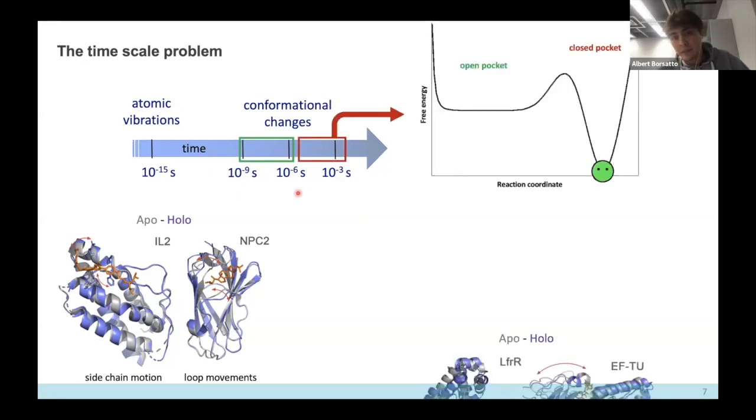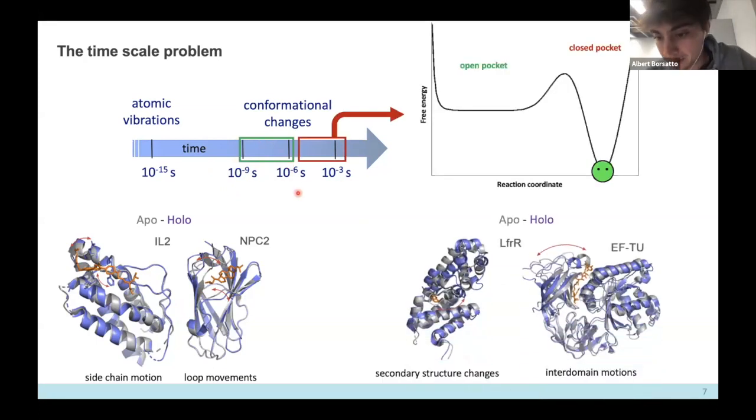When it comes to more complex conformational rearrangements associated with cryptic pocket opening, then we have a problem, because these rearrangements come with a higher free energy cost. It means that we would need much longer simulation time in order to sample the opening of these pockets, and this is something that we cannot really do with current methodologies if we only rely on unbiased MD.